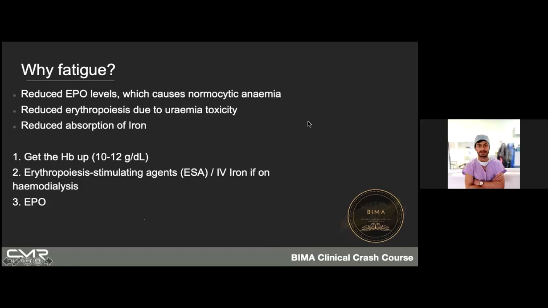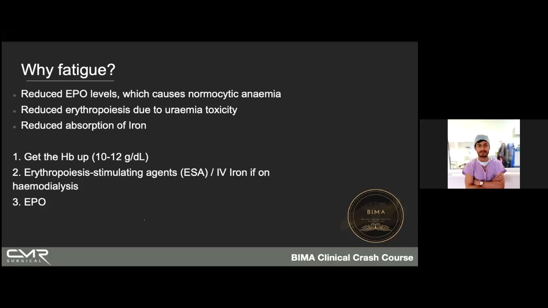The folic acid isn't really indicated because there's no signs of folic acid deficiency. This is purely because of the EPO being reduced, and you would probably find a normal blood film and normal ferritin, folate, and all of those types of values.